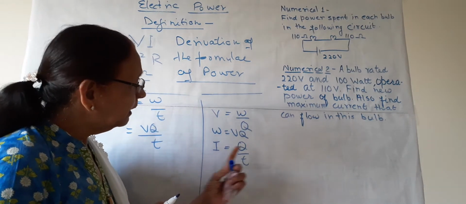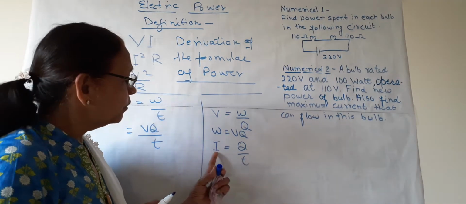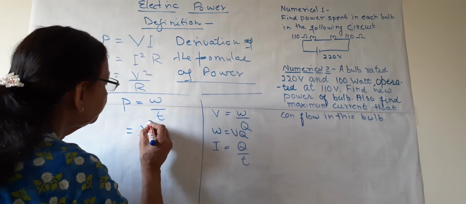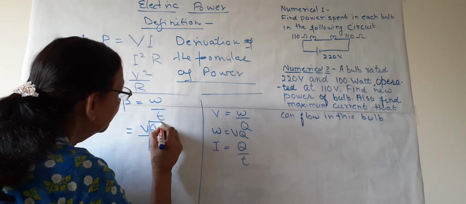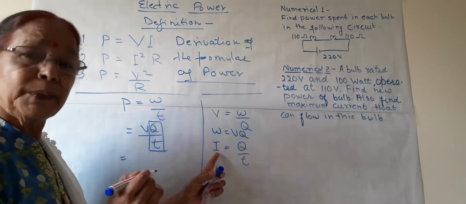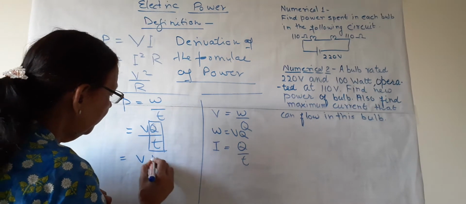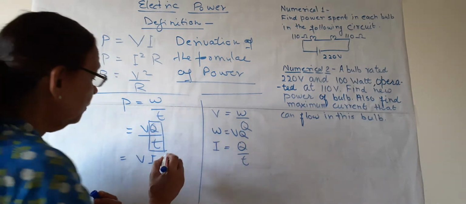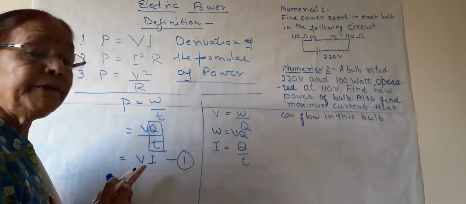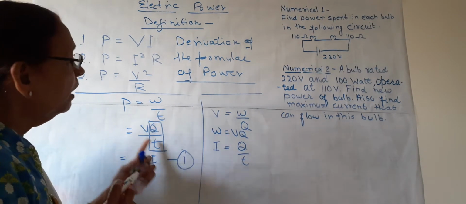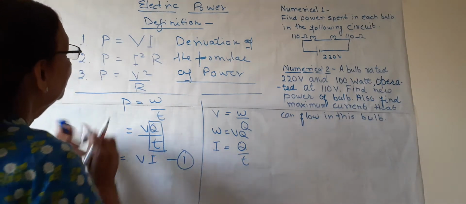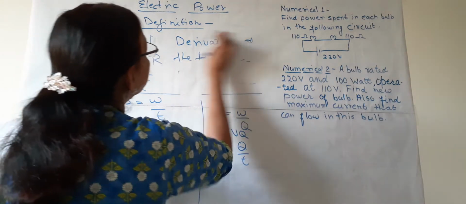So I is equal to Q by T. In this formula we have this Q by T, so it can be replaced by I. So now we have VI. This is the first formula, P is equal to VI, and we have derived it from these two formulas.